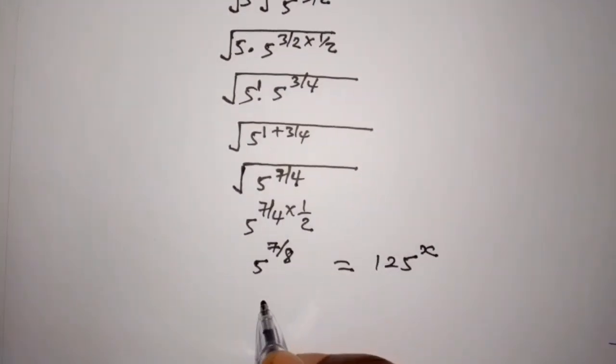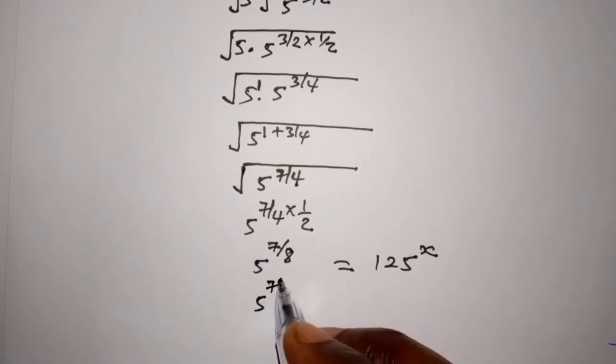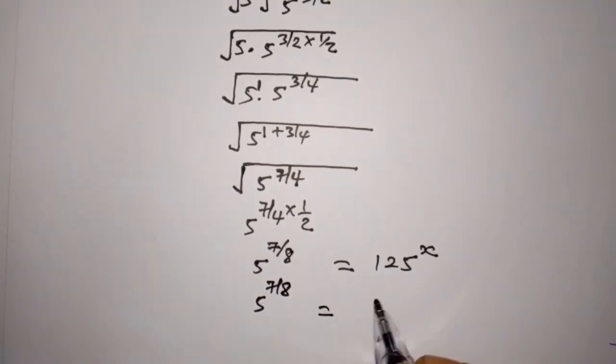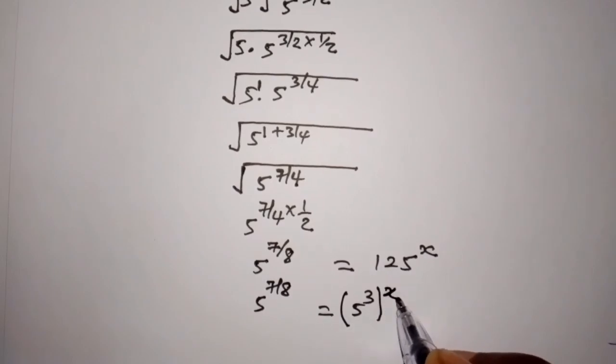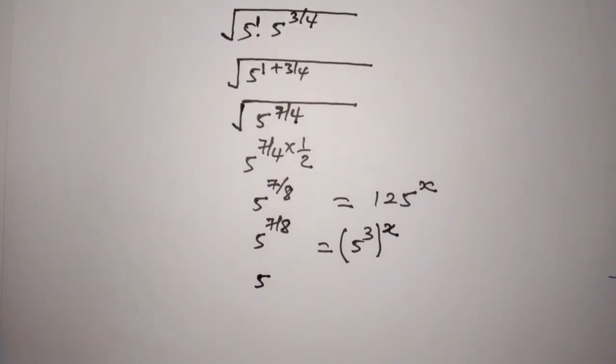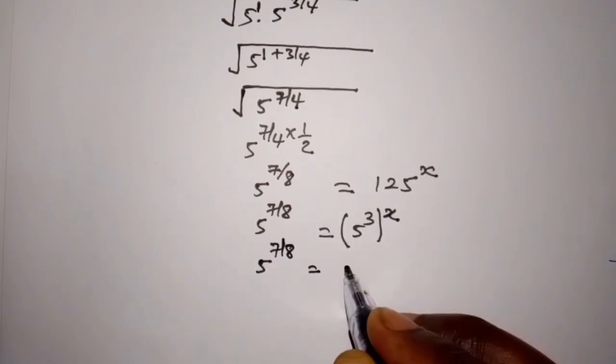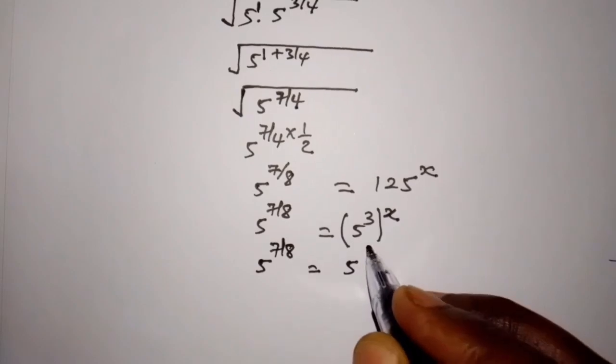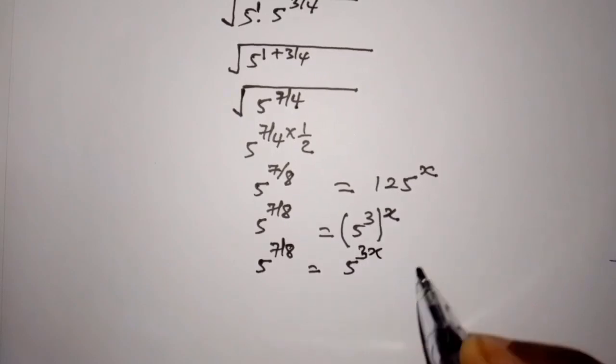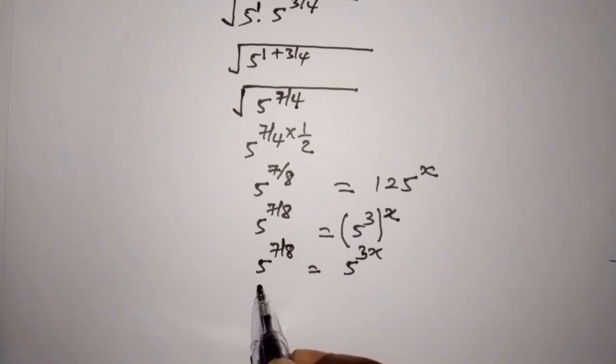Now we can write this as 5 power 7 over 8 is equal to 5 power 3, into bracket power x. 5 power 7 over 8 is equal to 5 power 3x. Now we have got common base here, common base here.